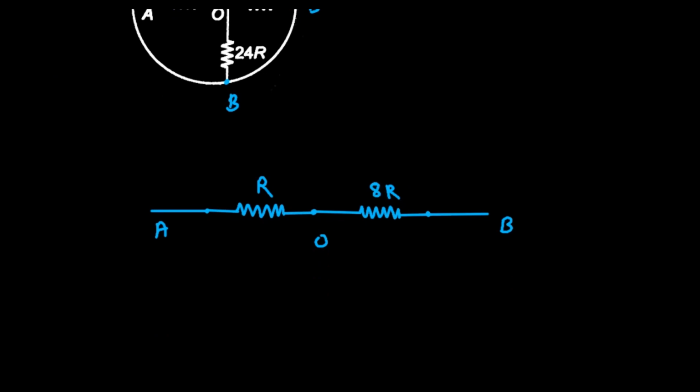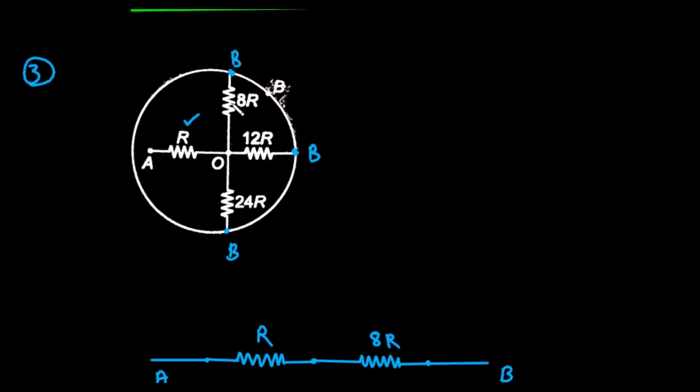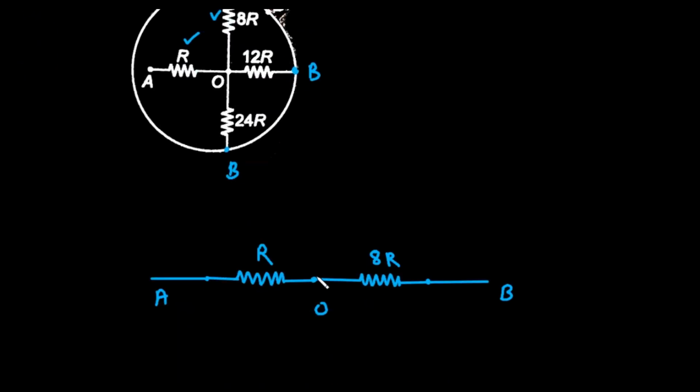Then this 8R is completed. Then O and B again, this is 12R. So here we have to add a parallel resistance of 12R. It will be 12R. So this is also completed.